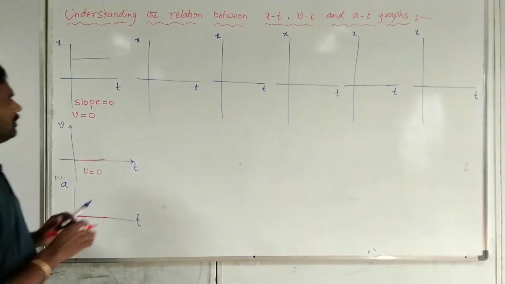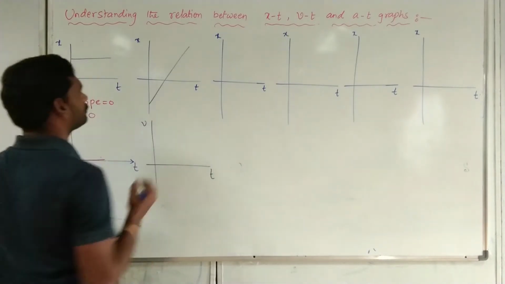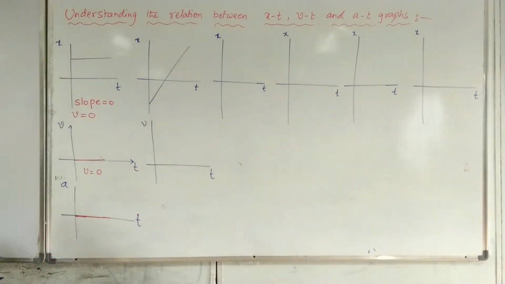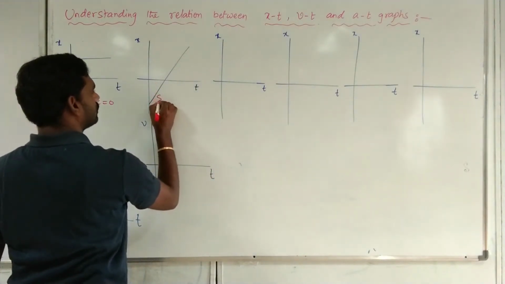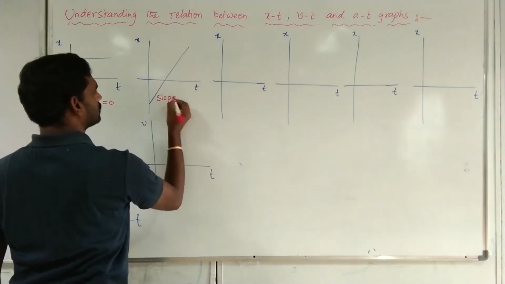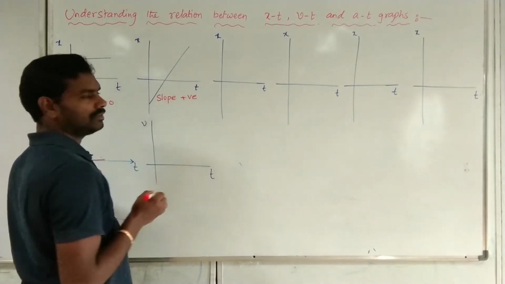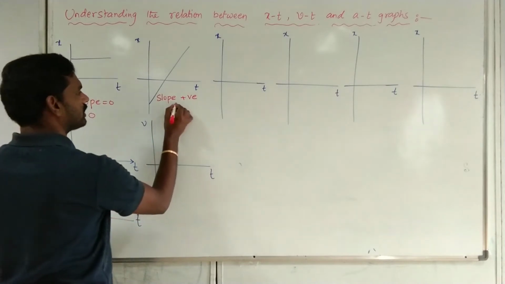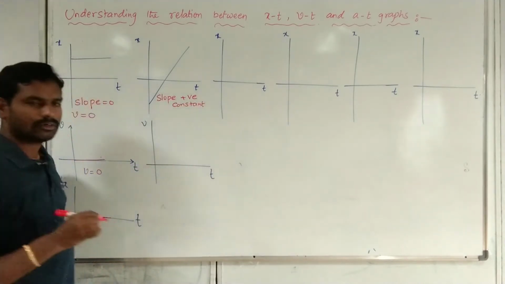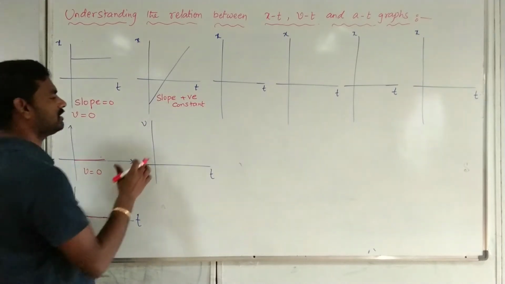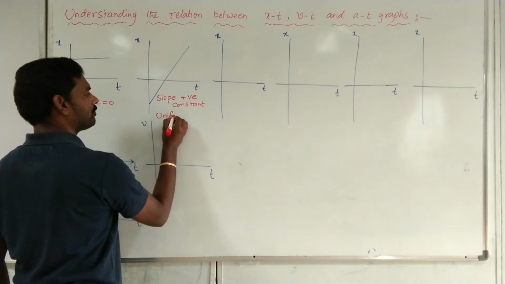Okay. Now, come to the second case. See here, the slope is positive and constant.